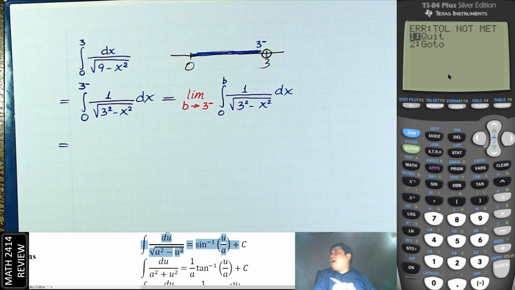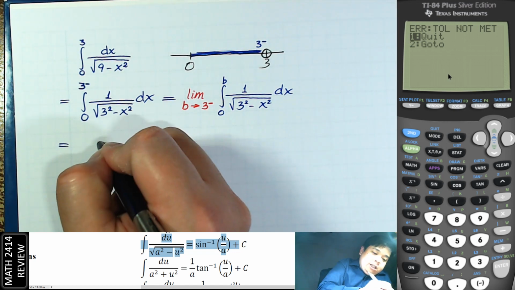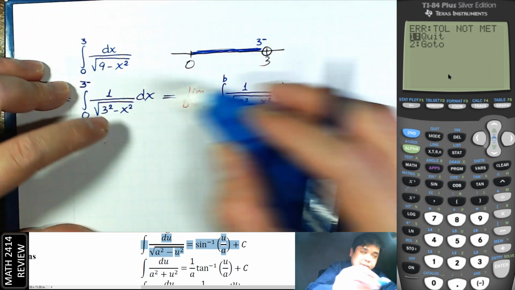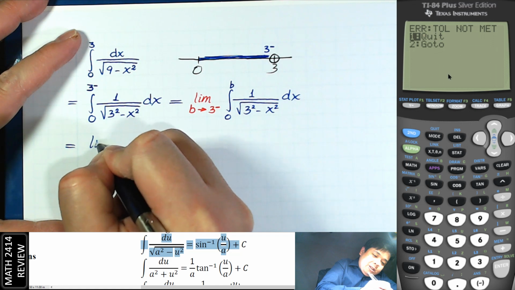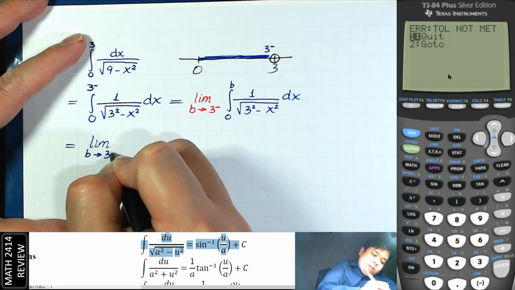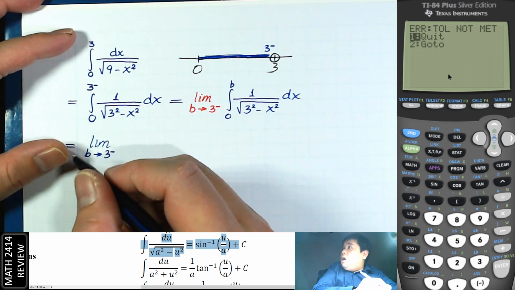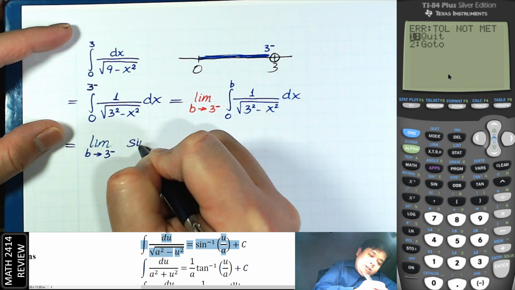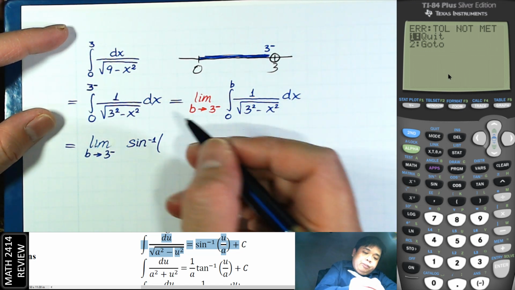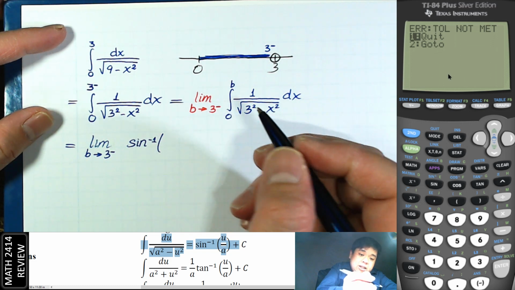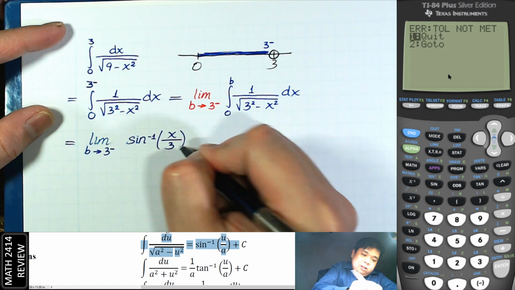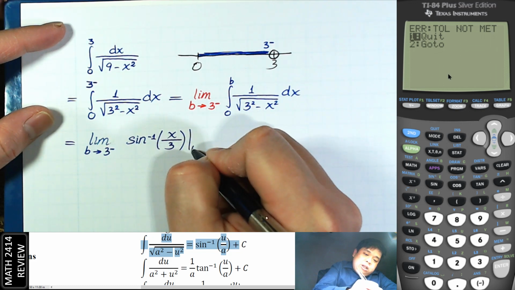Right, so integral of that is sine inverse of u over a. Where's the limit? Right, sine inverse of u is x over a. Going from 0 to b.